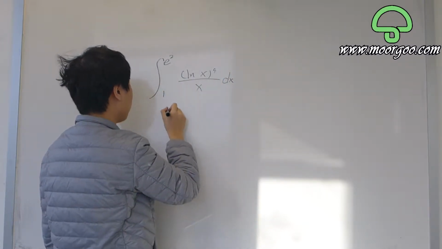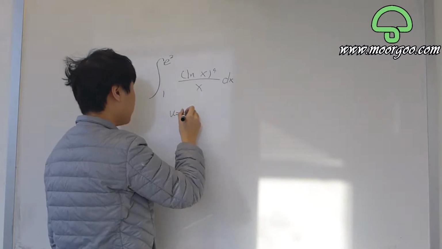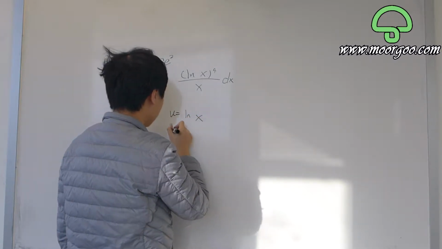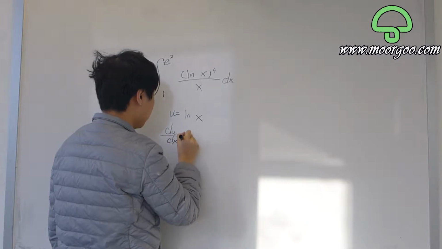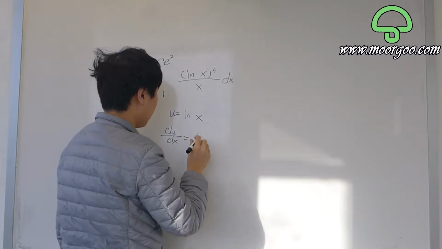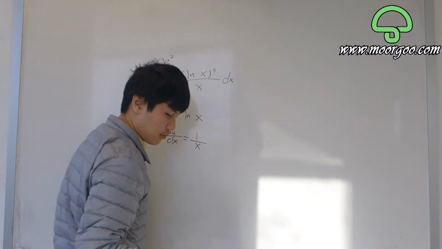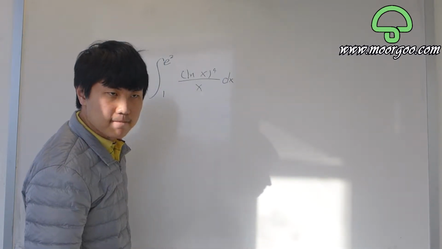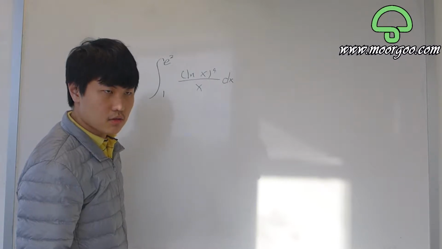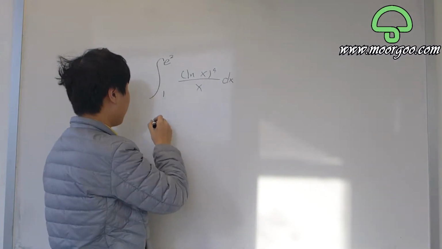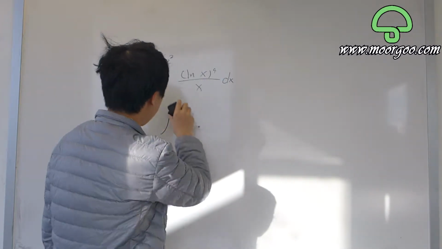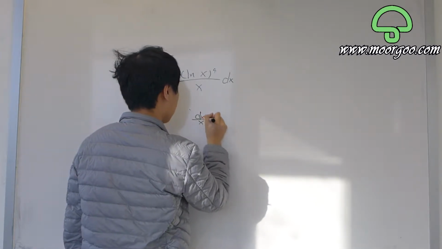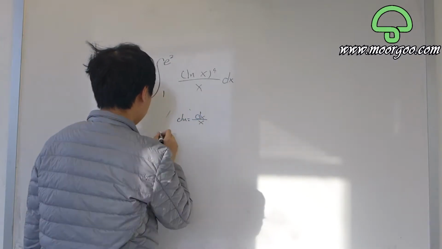Again, this one is pretty straightforward. Let's let u be equal to log of x, the natural log of x, and du over dx is 1 over x, so we can find out and this integral becomes.